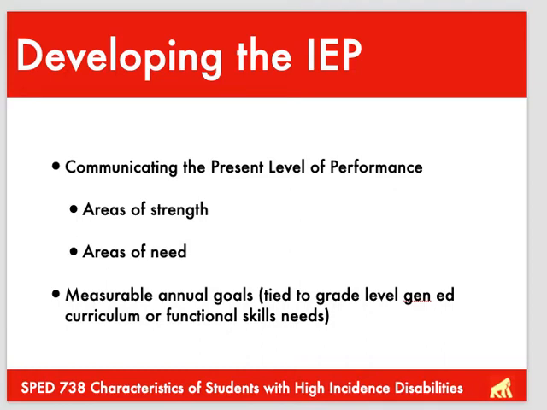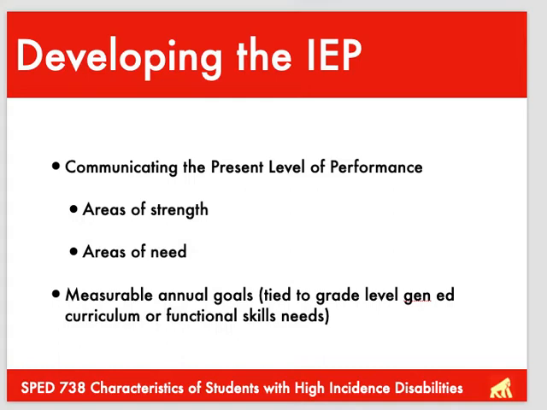And then we've got the present level of performance. Now we're going to use that to identify measurable annual goals. So every year we're going to develop new goals related specifically to those areas of need. So any place in the present level of performance where we've identified an area of need, say an academic area, okay, we need to address that with an annual goal.